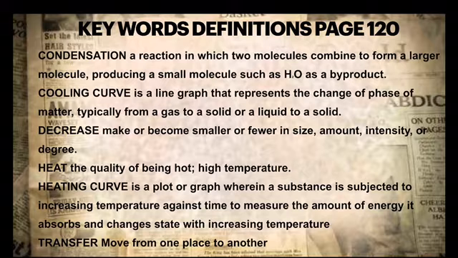Heating curve, in a graph, is when the substance increases the temperature or the amount of energy of another substance, trying to change the form or state of that substance due to the increase in temperature. Transfer is to move from one place to another. Okay, transfer is to move rapidly from one place to another one.